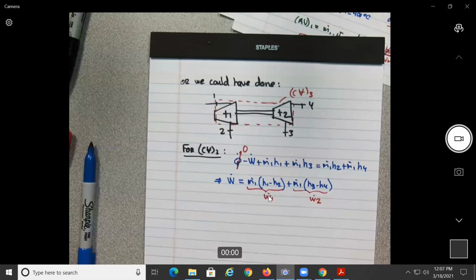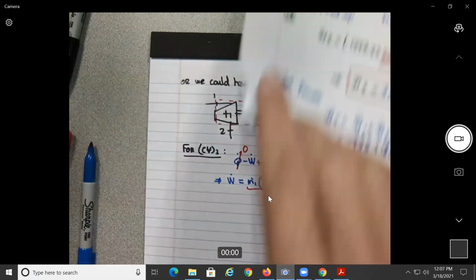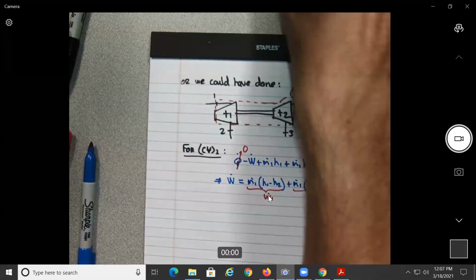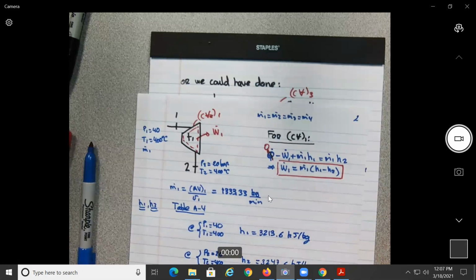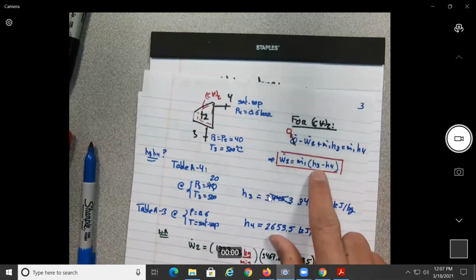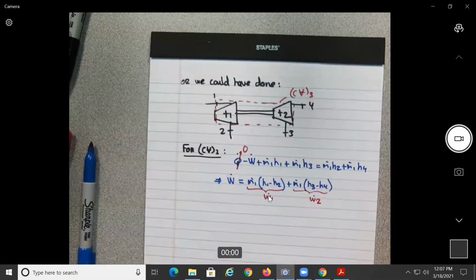This term will be the expression we got for the previous work over here, work one or power one, which is H1 minus H2, and the second one we got is H3 minus H4, which is exactly what we got over here. So you can expect to get exactly the same answer.